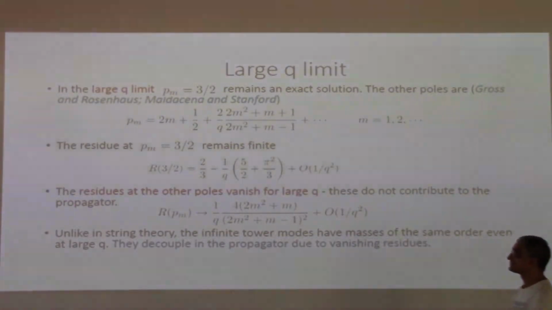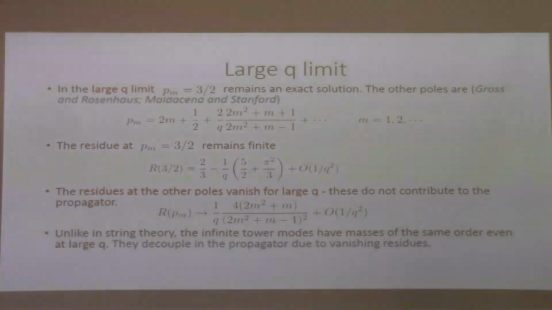I should make a comment about the large q limit, which is interesting in this model. This model can be solved in the large q limit for all values of J. It essentially becomes a Liouville kind of theory. In a Liouville kind of theory, in 2 dimensions, there is just one field, and you might wonder why that happens.